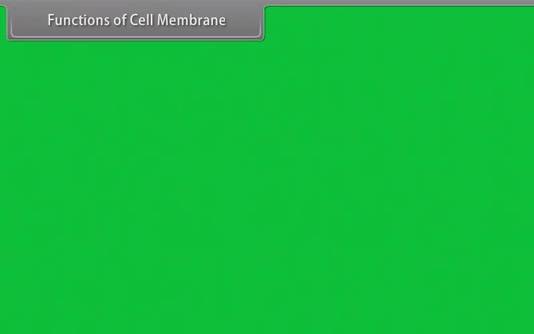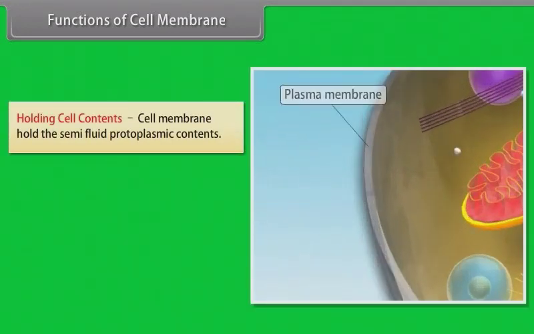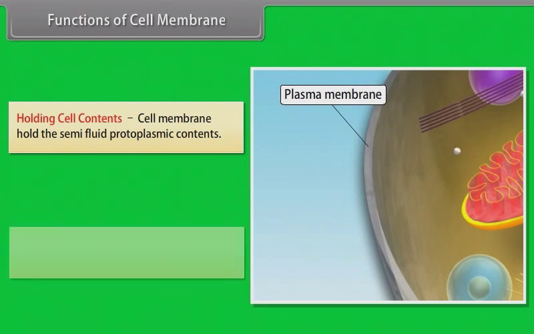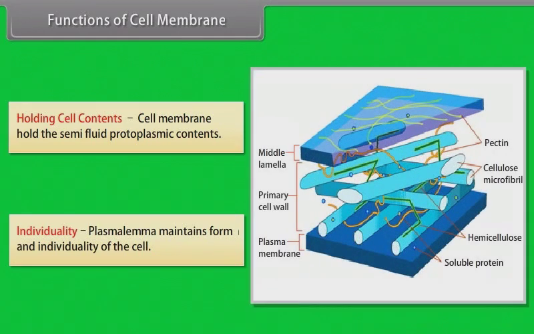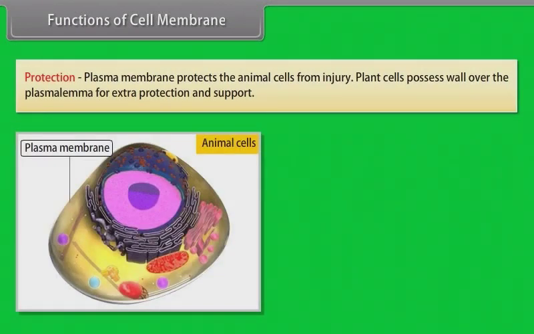Functions of cell membrane. Holding cell contents. Cell membrane holds the semi-fluid protoplasmic contents. Individuality. Plasmalemma maintains form and individuality of the cell. Protection. Plasma membrane protects the animal cells from injury.